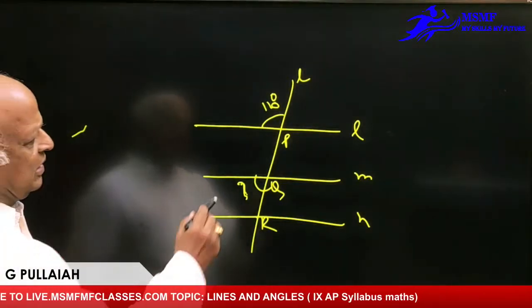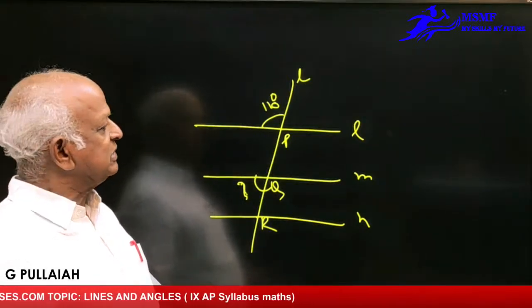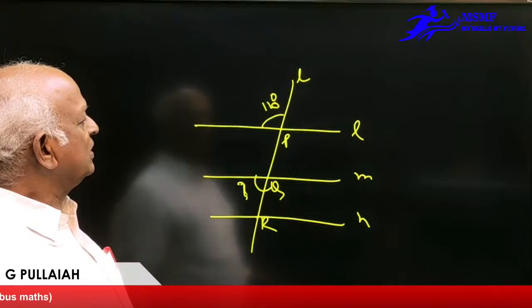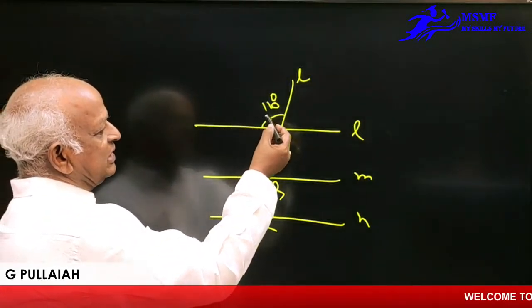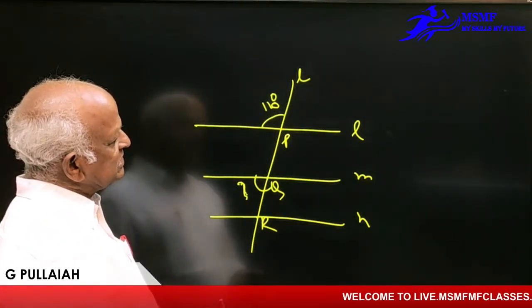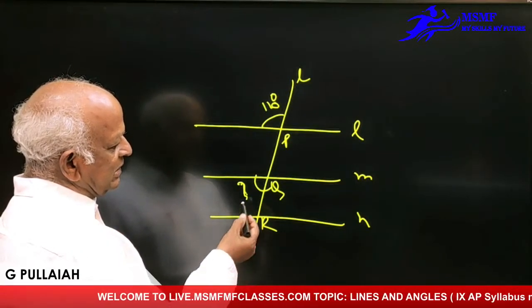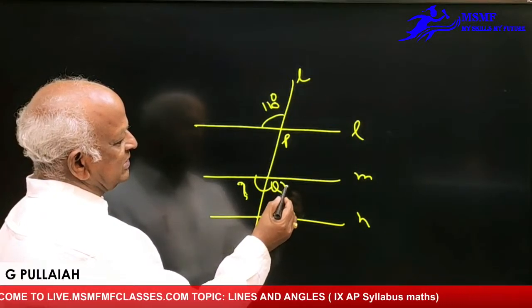Here, the given angle and the angle that we are trying to find are on the same side of the transversal. Okay. So now here, this is the exterior angle, and this is also an exterior angle. And let us say this angle is x.